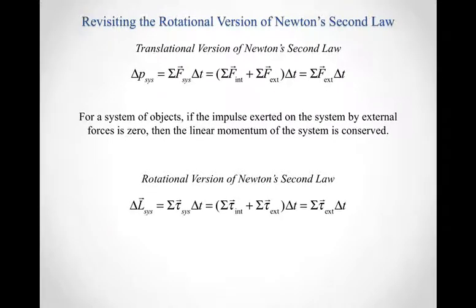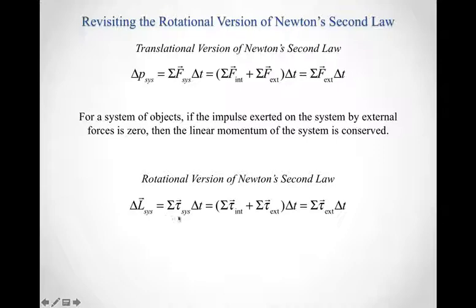We can think about the same idea with the rotational version of Newton's second law. So take our equation in terms of delta L and now just think about that equation as it relates to a system of things that rotate. Again, what that's going to tell me is that the net torque acting on my system times however long I let it act is going to change the angular momentum of my system.